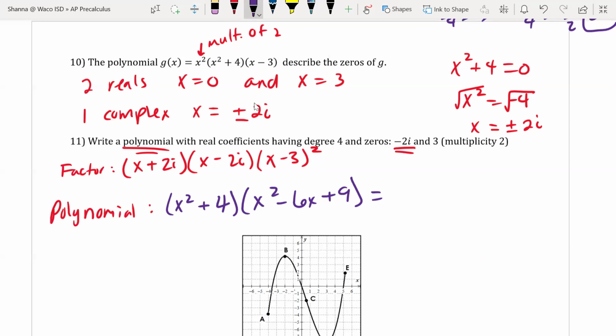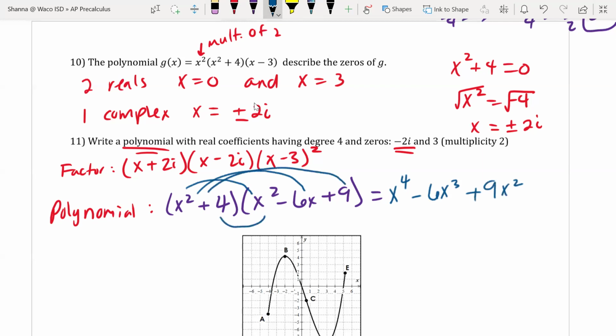And now to find the final polynomial, you're going to multiply each one of these. You're going to do multiple distribution. So we have x squared times x squared gives us x to the 4. X squared times negative 6x gives us negative 6x cubed. X squared times 9 gives us 9x squared. Now we have 4 times x squared, which gives us 4x squared.